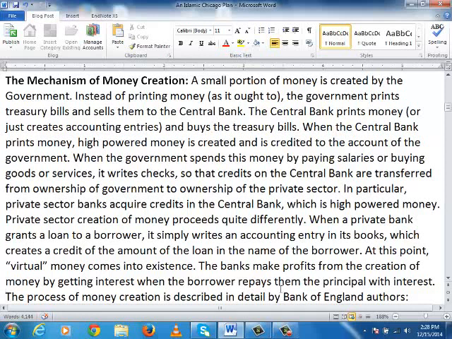So these are the two parts of the argument, that it will make the maximum amount of loan that it can, because that's the profit maximizing part.